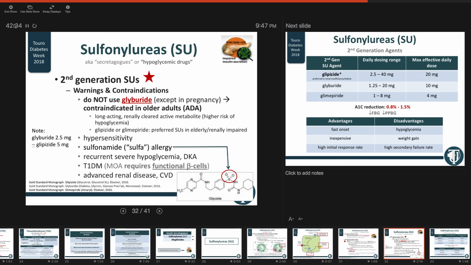This is also not a drug for type 1 patients, because for this drug to work, we rely on some function of the beta cell. As Dr. Schubro mentioned in his lecture, type 1 patients do not have the ability to produce insulin. And lastly, for those who have cardiovascular conditions or renal conditions, we would want to avoid sulfonylurea.